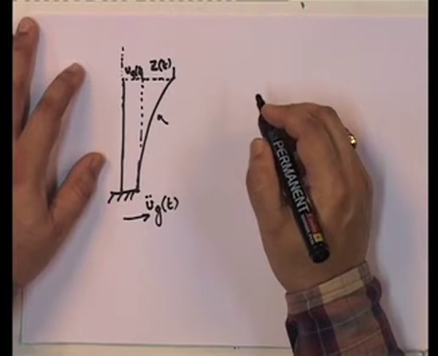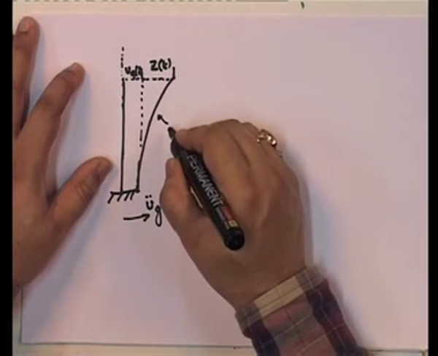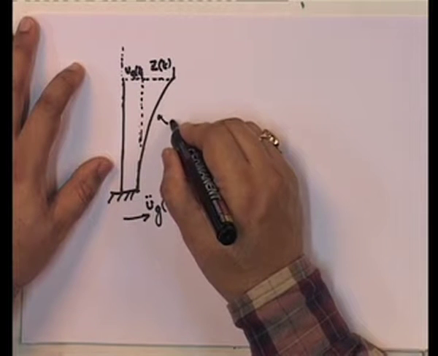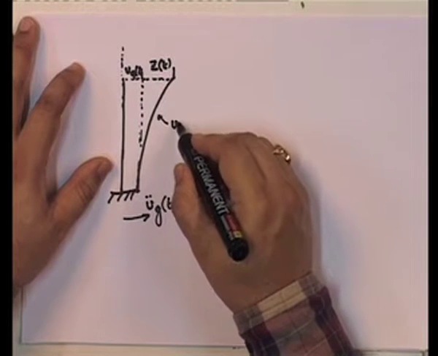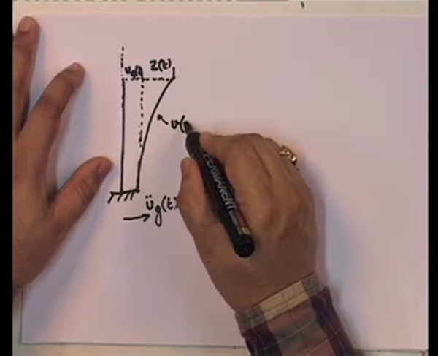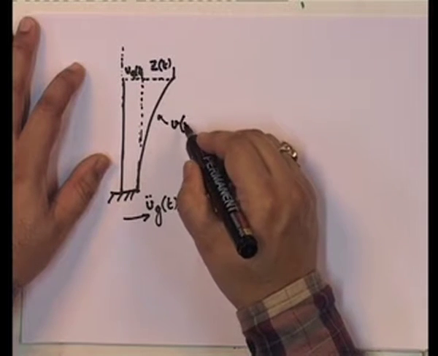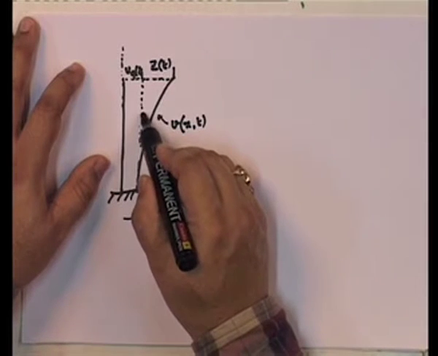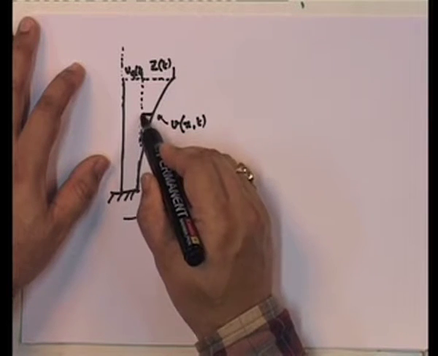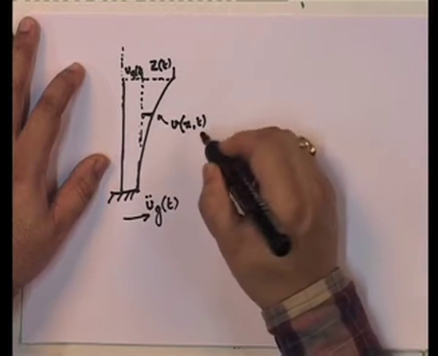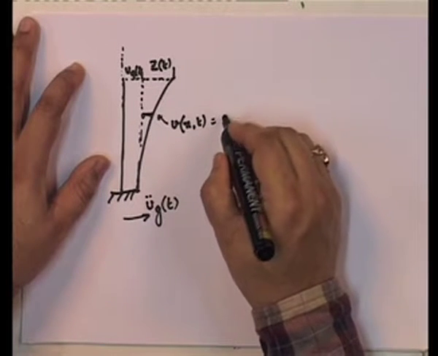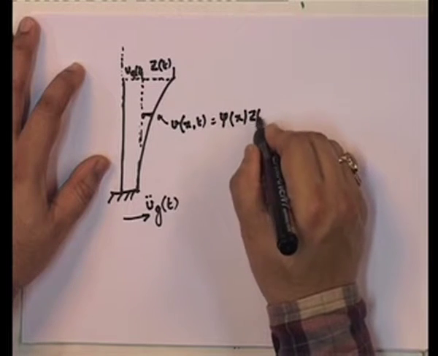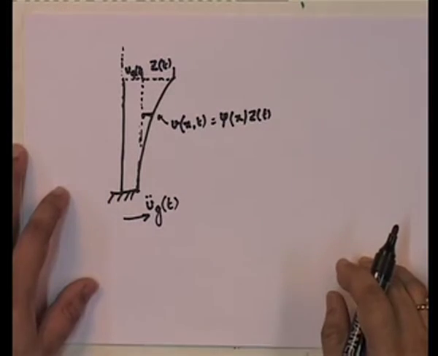So, this is z of t, and v x of t, which is essentially this displacement. It is always this displacement. v x of t is equal to xi x into z of t. We have already talked about this.